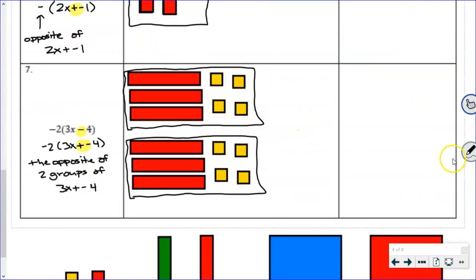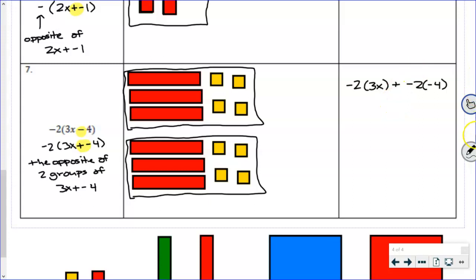Cheating with technology. So what do I really have? We have the opposite of two groups of 3x and the opposite of two groups of -4.